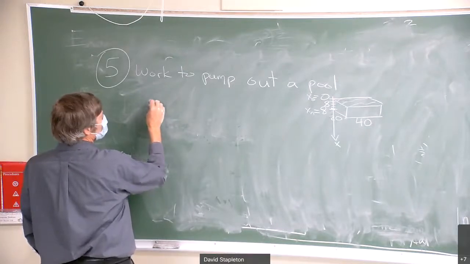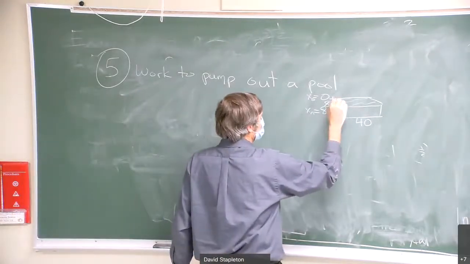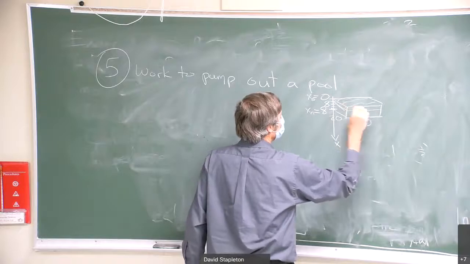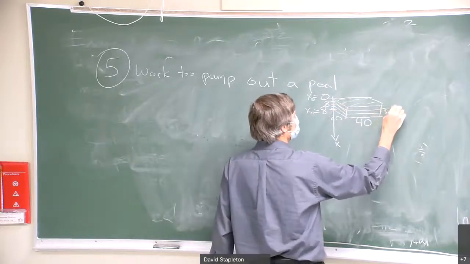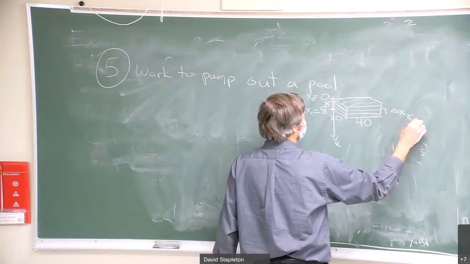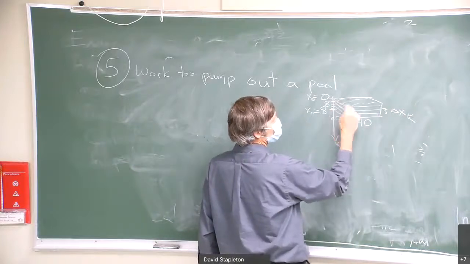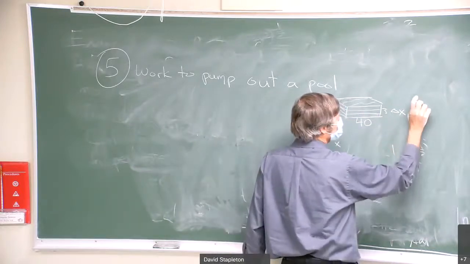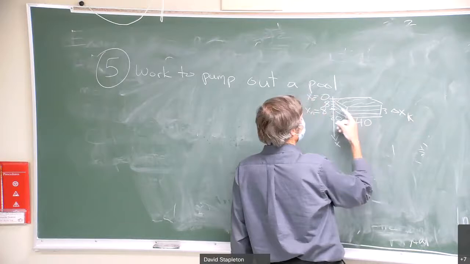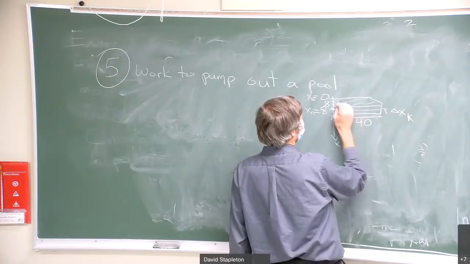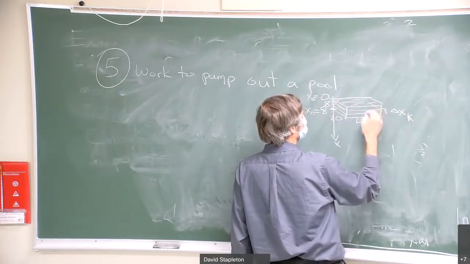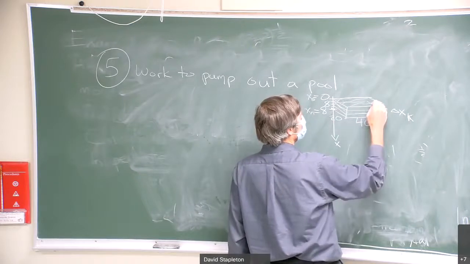What we can do is break this up into little slabs. If you take the kth slab, its thickness is delta xk, because it's the increment in x from xk minus 1 to xk. And then it's also 20 by 40 for its cross section, right? 20 by 40.